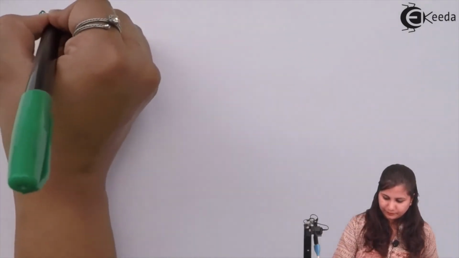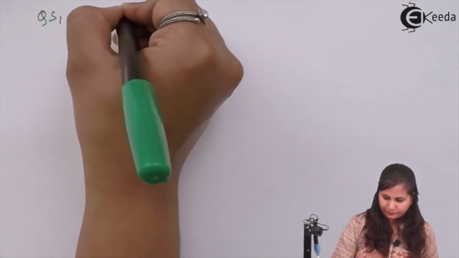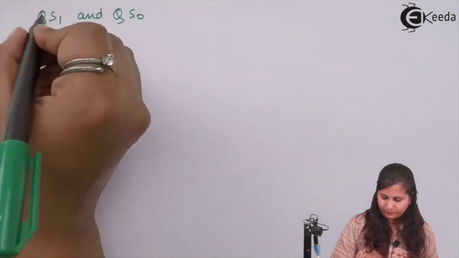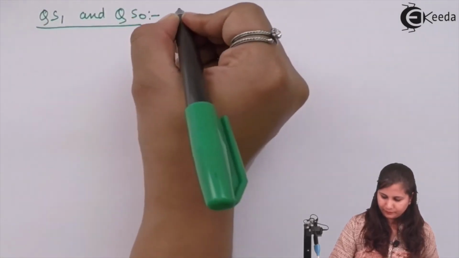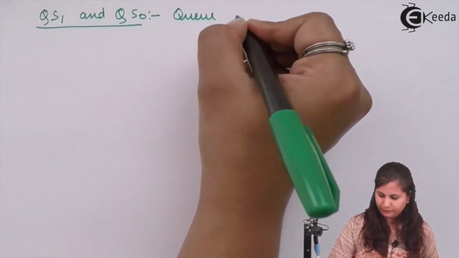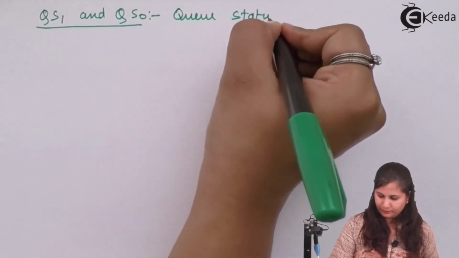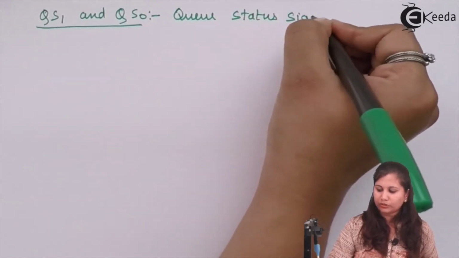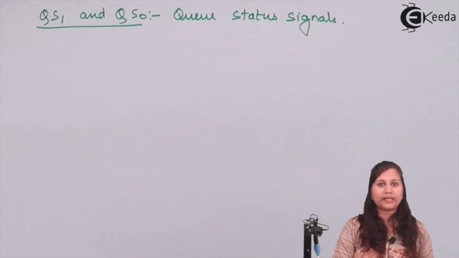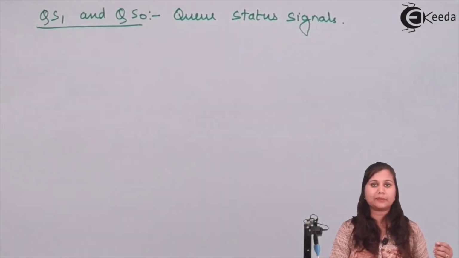Next we have the QS1 and QS0 signals, which are the Q status signals. Now we know that this 8086 microprocessor has a special feature of instruction queue.